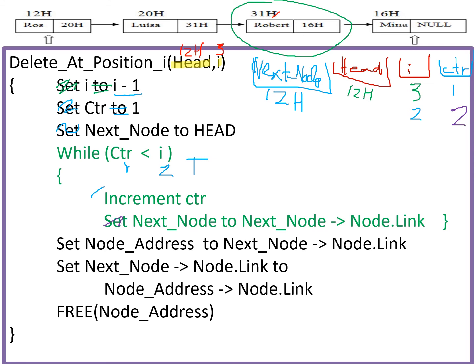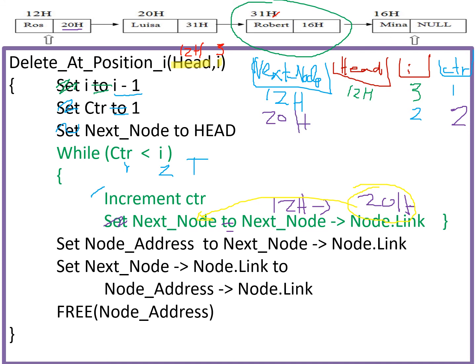And then set next node to next node referencing to node.link. So next node is 12H referencing to node.link. So what's the node.link of 12H? Okay, very good. We have 20H. So 20H will be assigned to the next node. So next node will now be 20H.